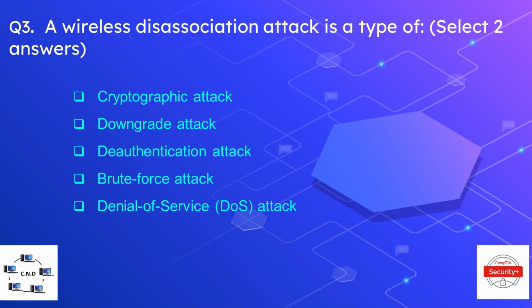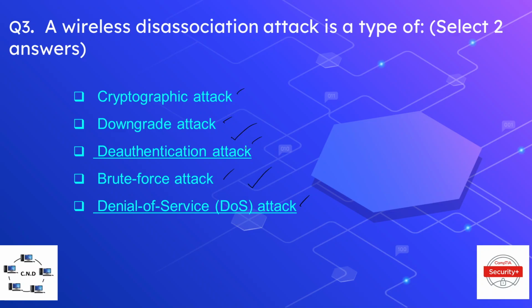Question number three is: a wireless disassociation attack is a type of, and we have to select two answers. The options are cryptographic attack, downgrade attack, de-authentication attack, brute force attack, and denial of service attack. The correct options are de-authentication attack and denial of service attack.